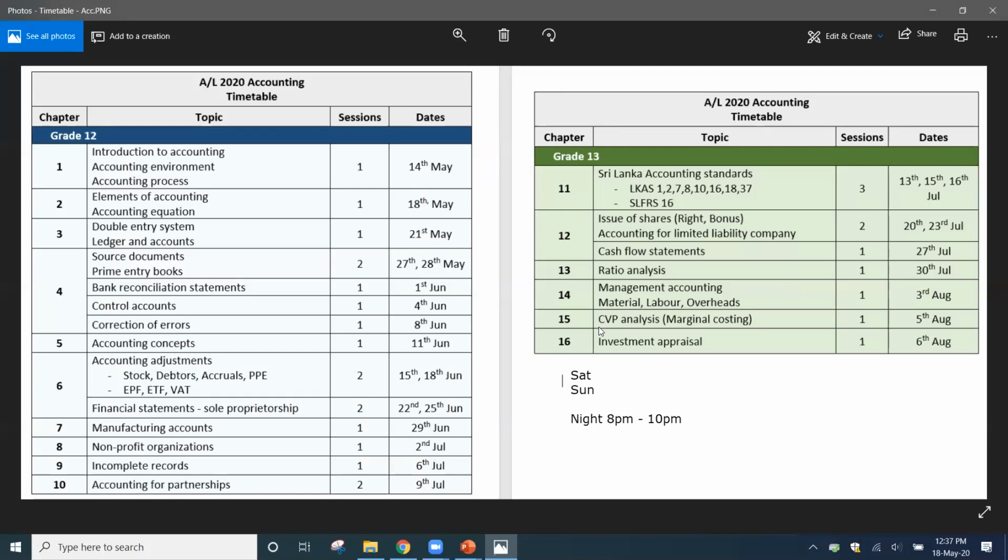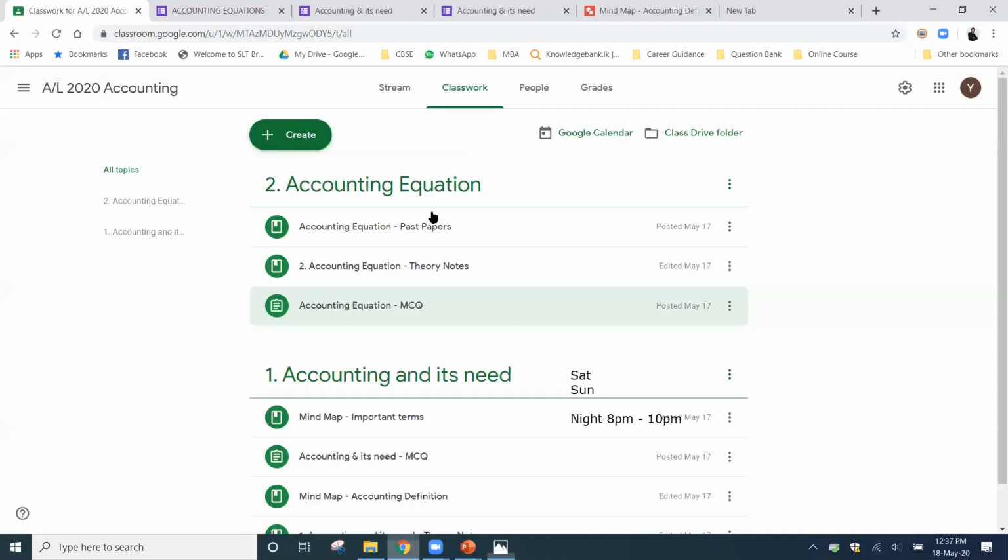Once you pay, you will get the registration number, then the login access to this Google Classroom, where all the relevant materials, videos, mind maps and everything will be uploaded and sent to you.